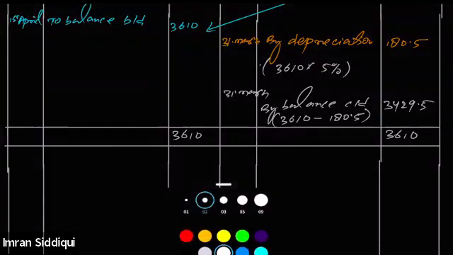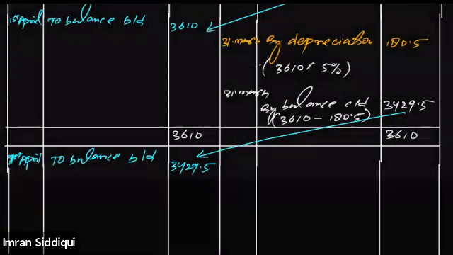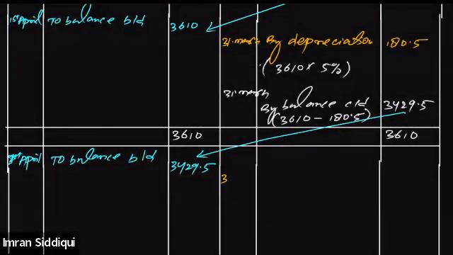All right, now we will carry forward this value as the opening value of the next year. We'll write down again on 1st of April to balance BD 3429.5. And again at the end of the fourth year, we will calculate depreciation as on 31st of March of the fourth year by depreciation.